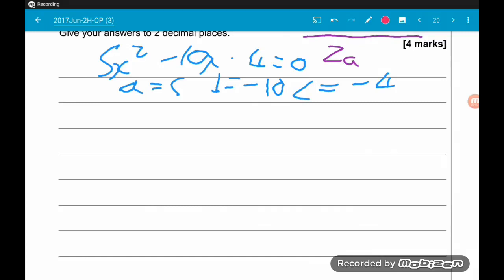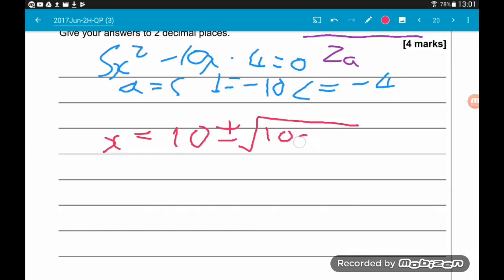So if we plug these into the formula, we get x is equal to minus b, minus 10 is positive 10, plus or minus the square root of minus 10 squared, which is 100.